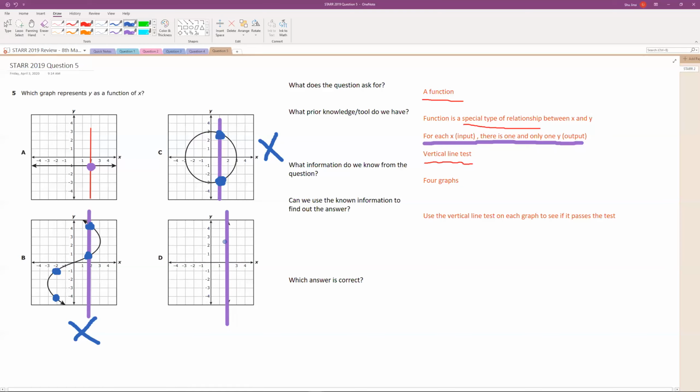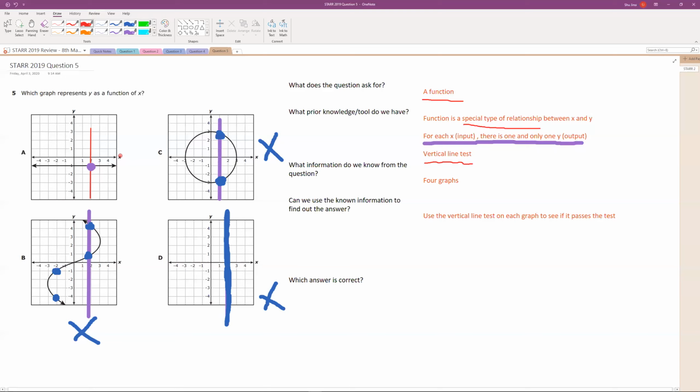As we said, when two lines overlap, they have numerous intersections. Every point is an intersection. So this vertical line test gives us numerous intersections. That means for the same x, it has numerous values of y, and that does not meet our criteria. So this one does not pass the test.